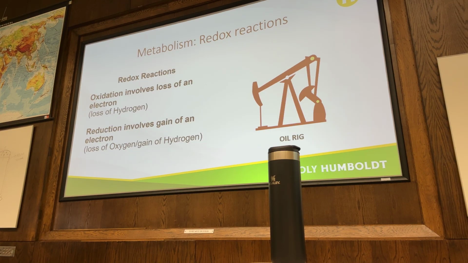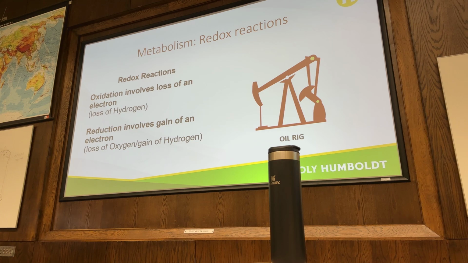Let's just do a quick summary of it. Here's an electron. There's an arrow showing the electron transfer. It's my finest work. Redox reaction. All right. Here's a molecule here.